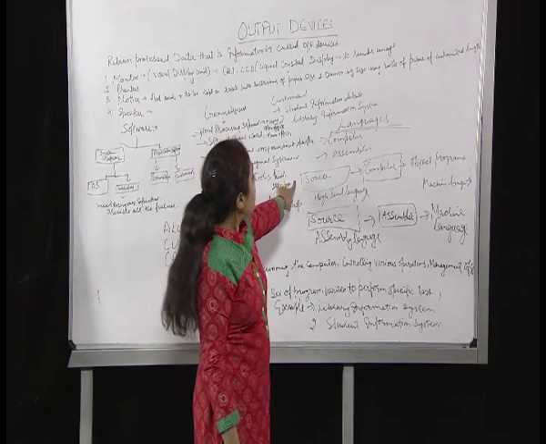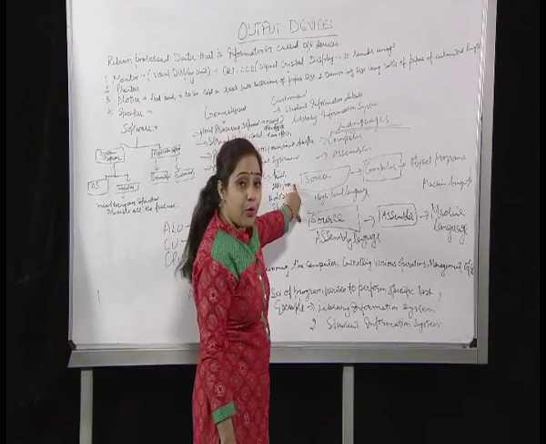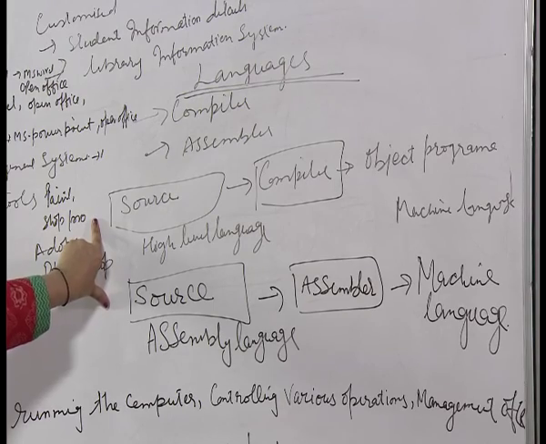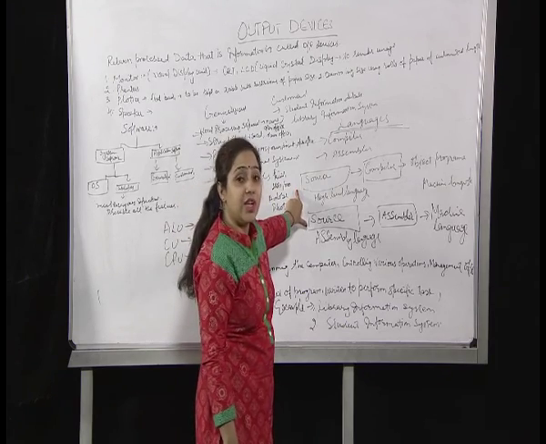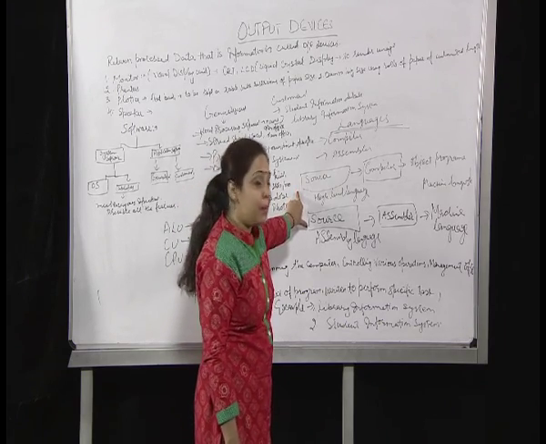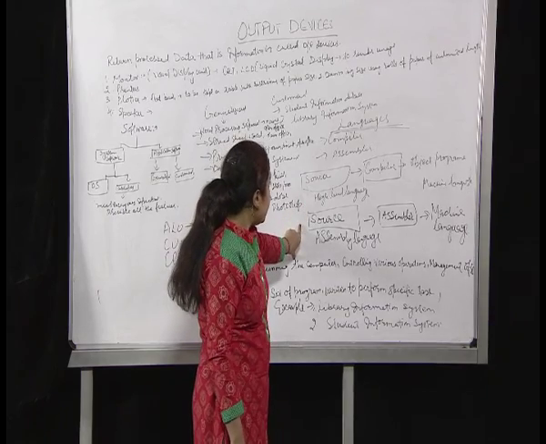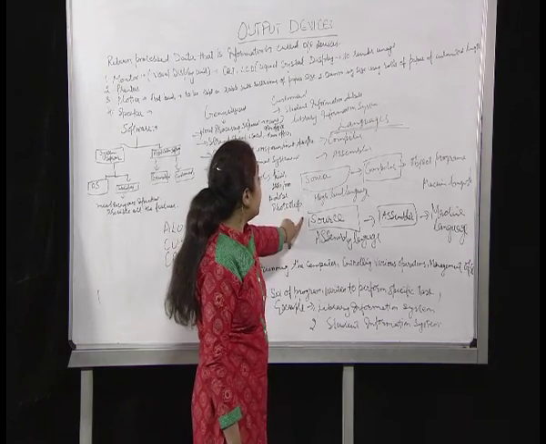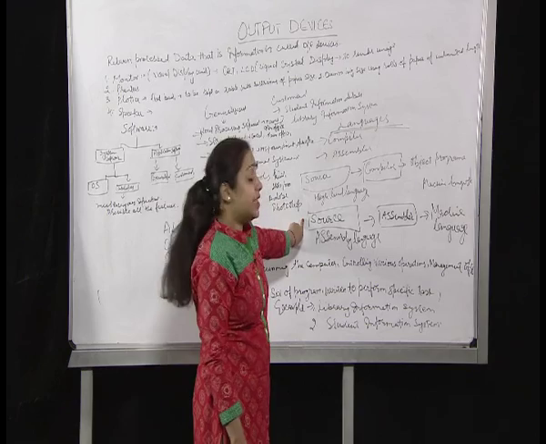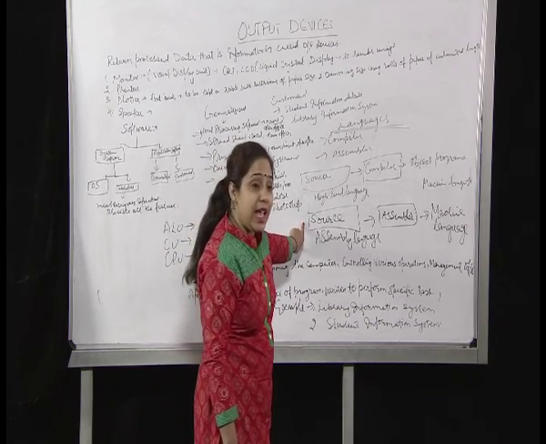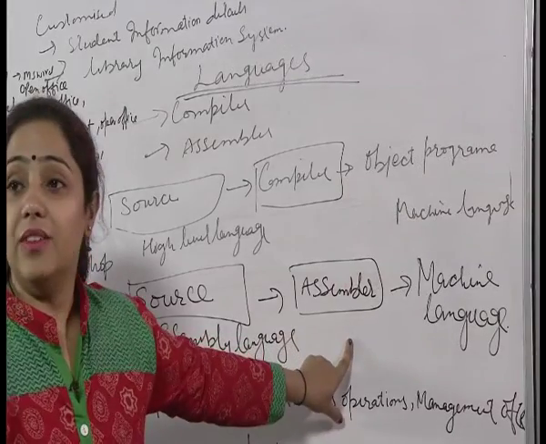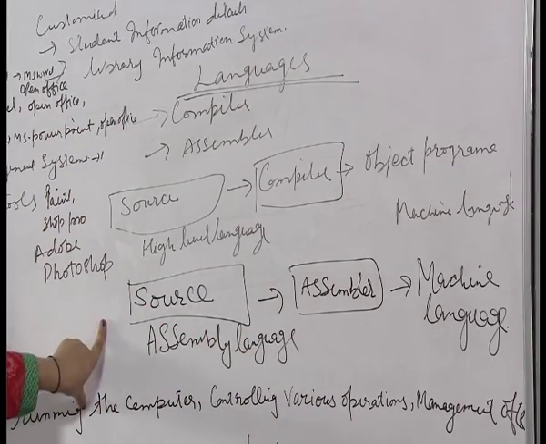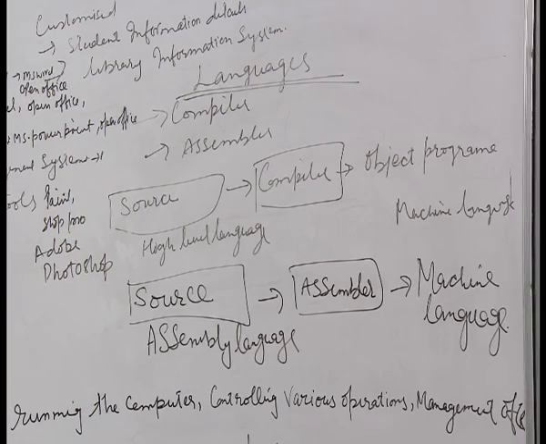The main work of the compiler is that a set of programs written in a high level language is translated into a machine level language, that is known as a compiler. And second one is assembler. Assembler is a set of programs written in an assembly language and converted into a machine level language, that is known as an assembler.